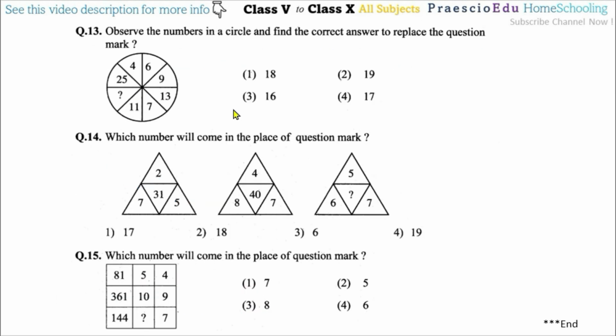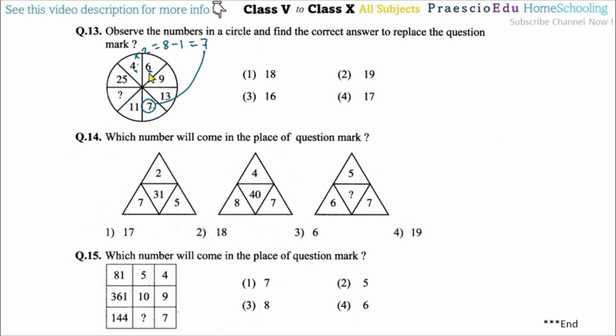Then question number 13. Observe the numbers in the circle and find the correct answer to replace the question mark. If this number is multiplied by 2, we get 8, and from the 8, if we subtract 1, we get 7, which is opposite of this number, so 7 is here.